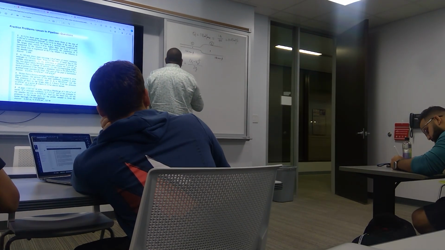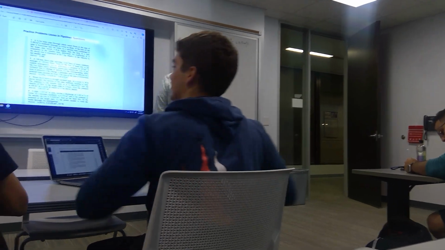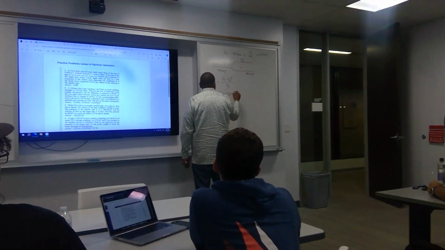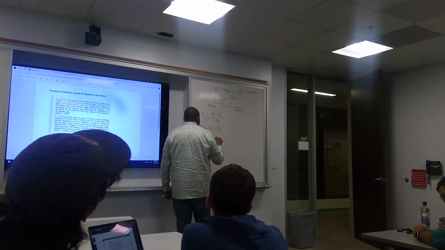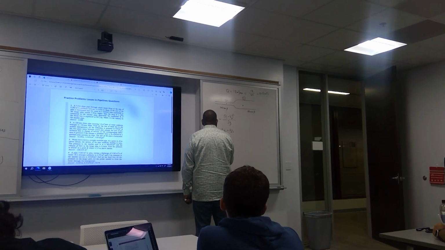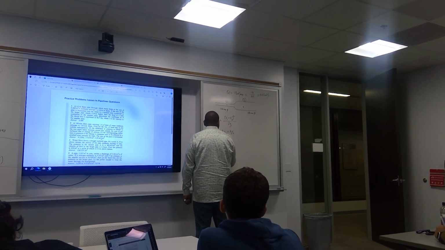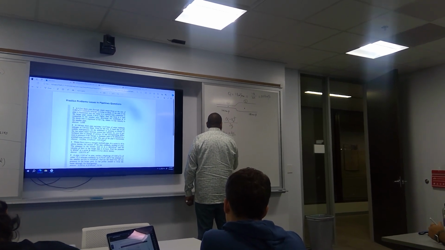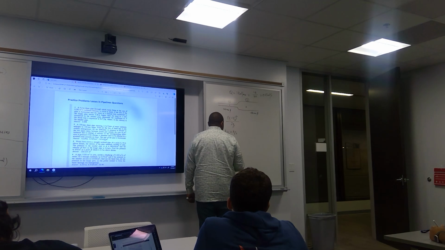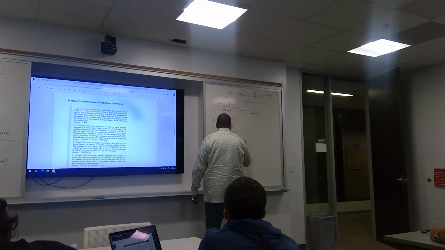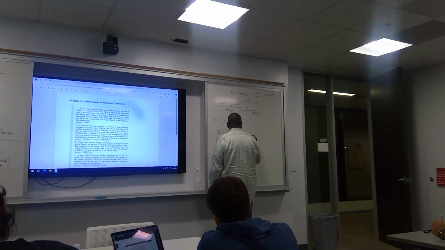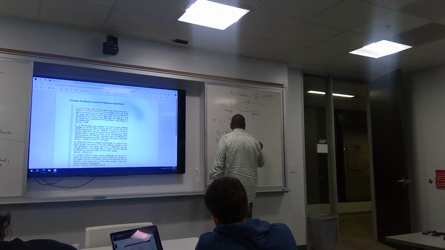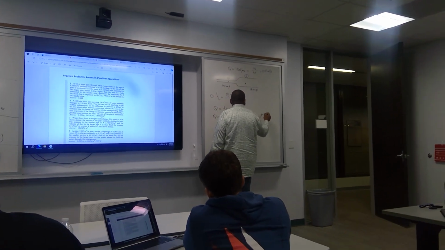So Q is equal to A1 V1, which is also equal to A2 V2. Q is equal to pi D1 squared on 4 times V1, so V1 is equal to 4 times Q on pi D1 squared, and same thing, V2 is equal to 4 Q on pi D2 squared.